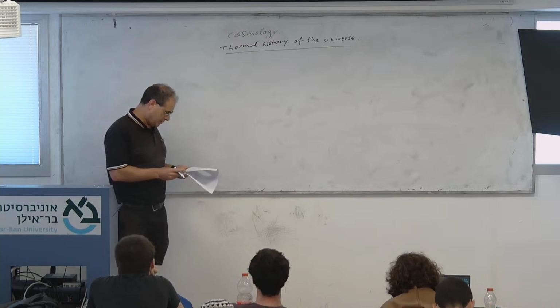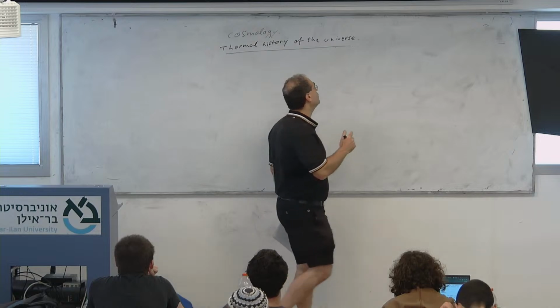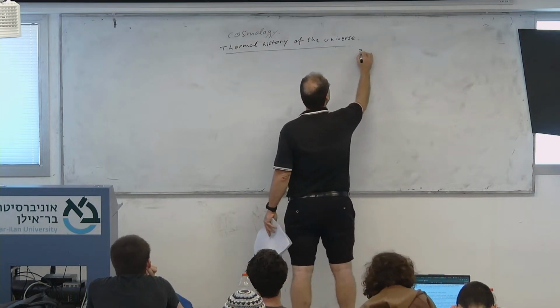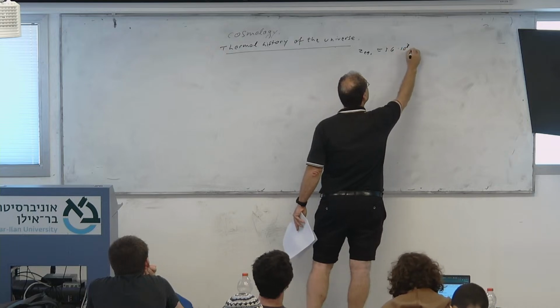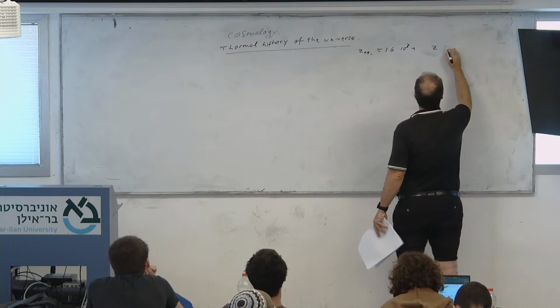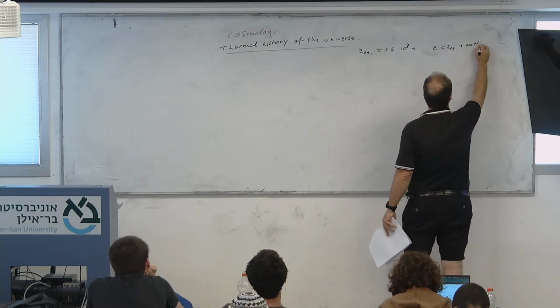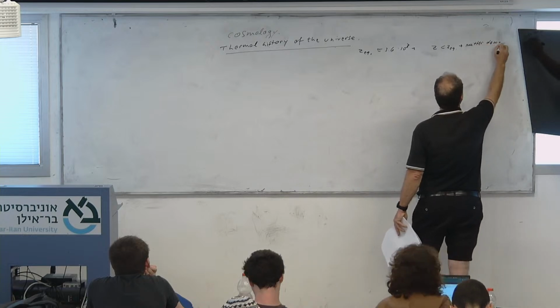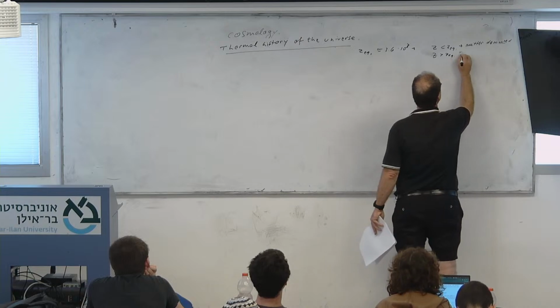Now we said we had the equilibration between matter and radiation. So z equilibration was about 3.6 times 10 to the 3. At smaller redshift, z smaller than z equilibration, the universe is matter dominated, and at higher redshifts it is radiation dominated.